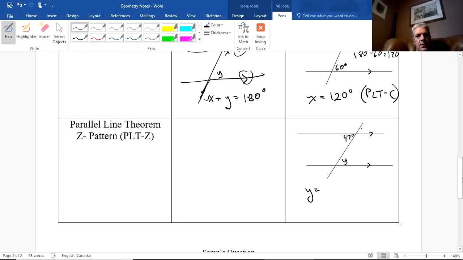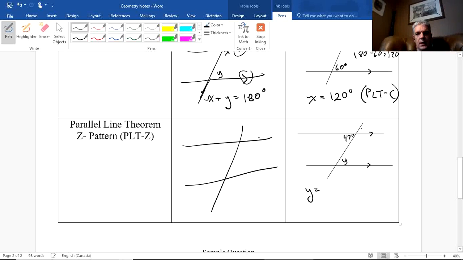Okay, all right. So if we go down, the Z pattern is basically saying that there are certain situations where, when we have parallel lines like this, okay, I'm not the best drawer, so apologize for that, that this particular X and this Y are equal. And you could also go with M here and N here, doesn't matter.